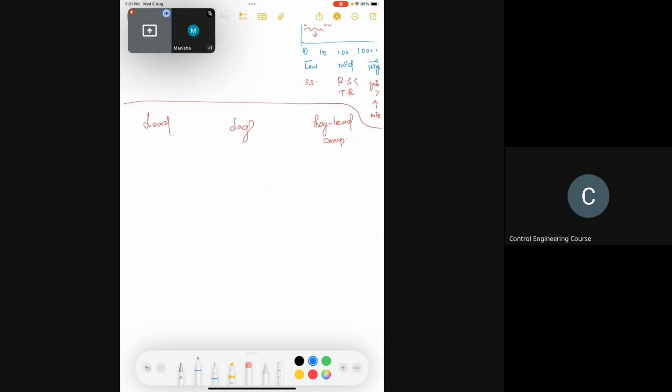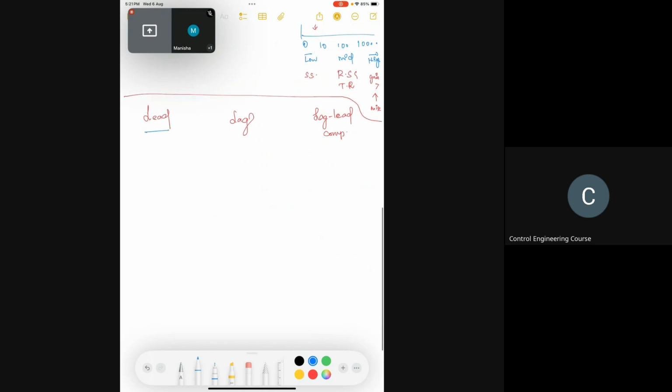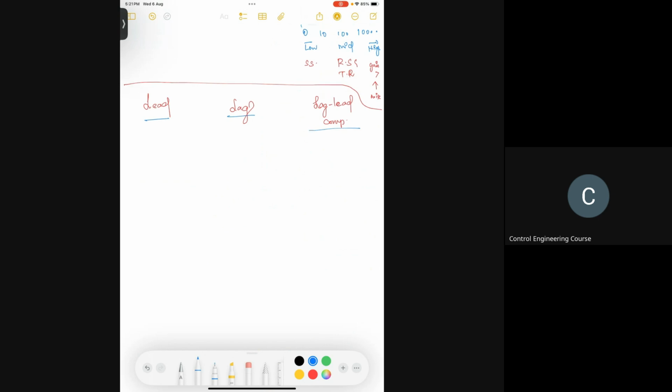First of all, I want to start with the lead compensation, just to give you some idea about its structure, about its utility, and what are all the changes you can make to get your desired responses. A lead compensator structure would look like this: Kc (S plus 1 by T) divided by (S plus 1 by alpha T).